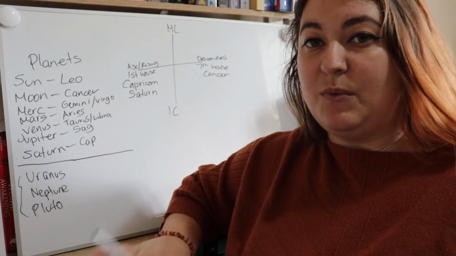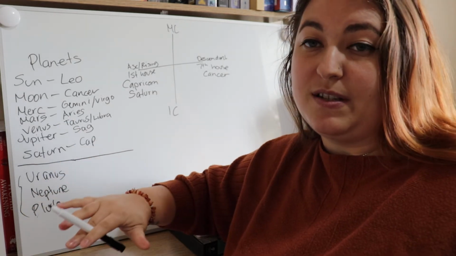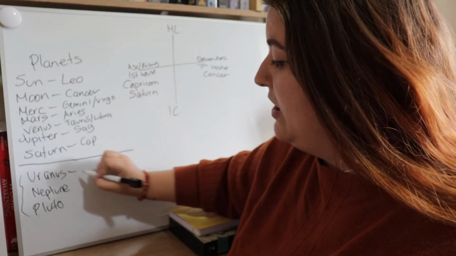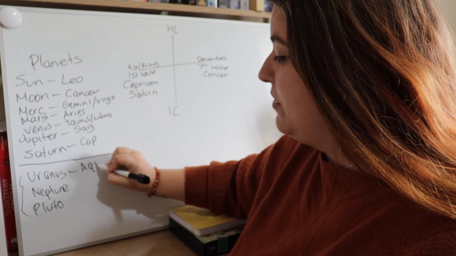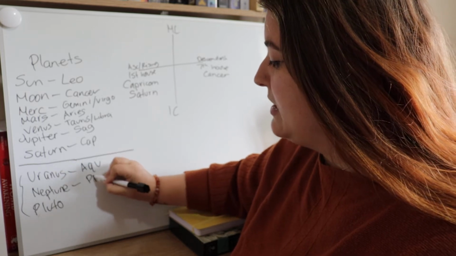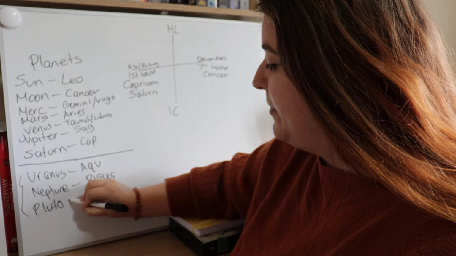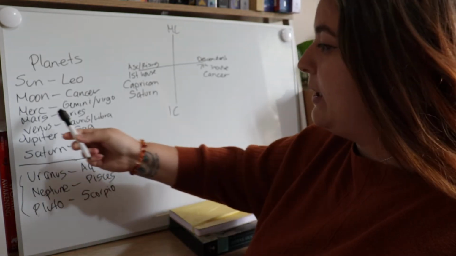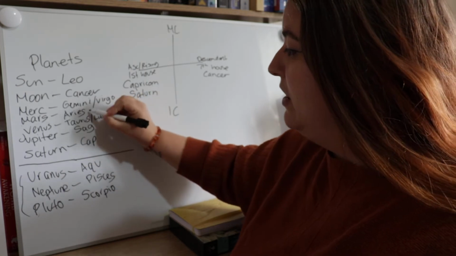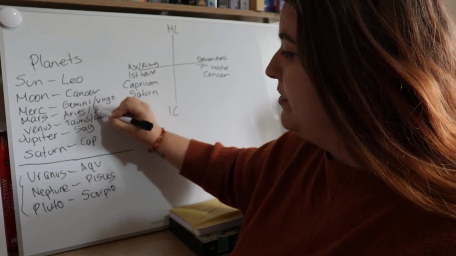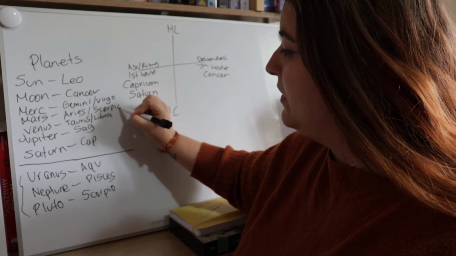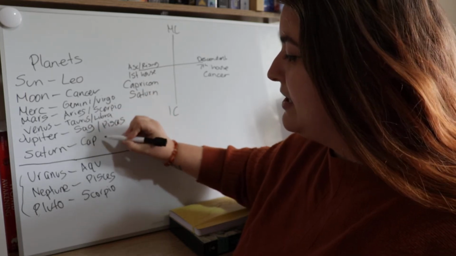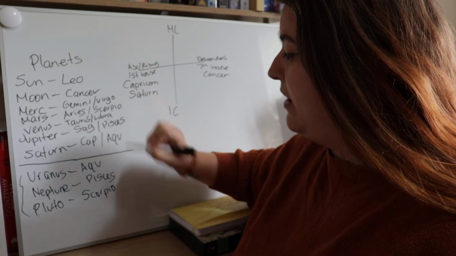When we're dealing with modern astrology versus ancient astrology, we need to understand the difference. Obviously Uranus rules Aquarius in modern astrology, Neptune is Pisces, Pluto is Scorpio. But in ancient astrology, Mars also ruled Scorpio, Jupiter also ruled Pisces, and Saturn also ruled Aquarius.